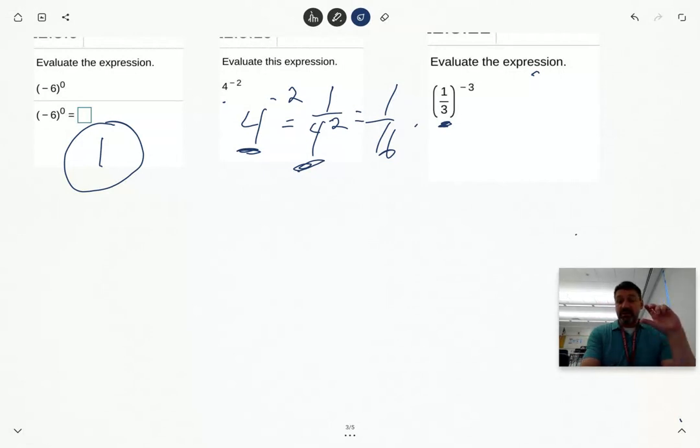The negative exponent is going to flip it. So instead of 1 over 3, it's going to be 3 over 1, or just 3 to the third power. And that would be 3 times 3 is 9, times 3 more is 27. Okay, so the negative flips it.